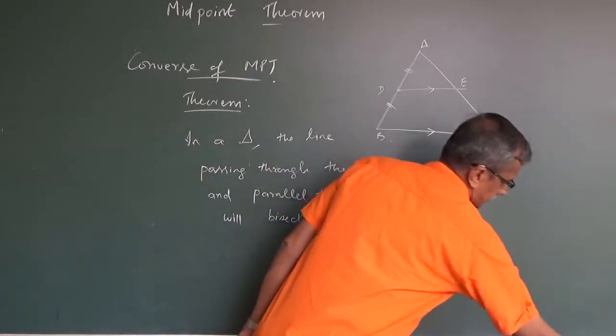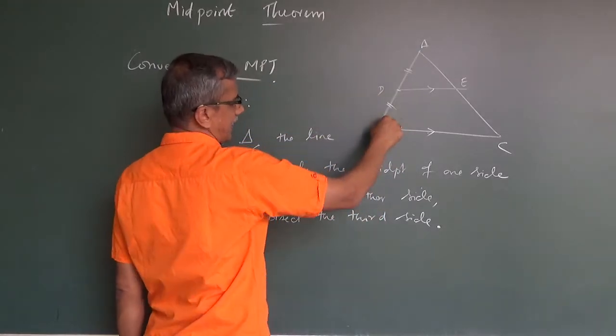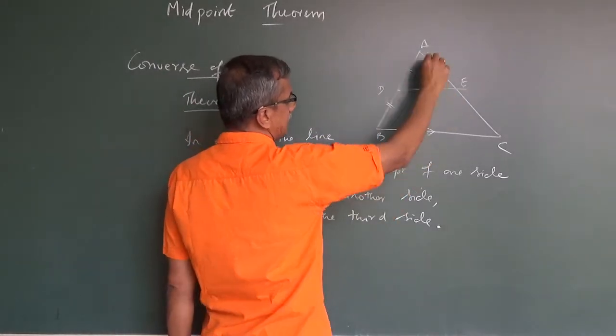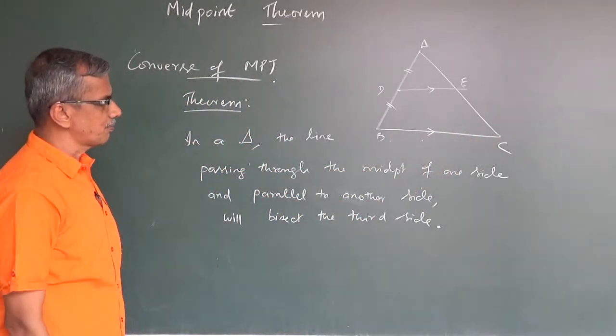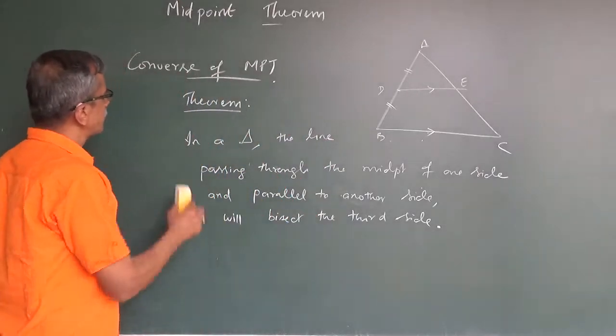That is, this is the midpoint of AB, and we draw a line parallel to the second side. It will bisect the third side. That is the theorem we have to prove now. This is the statement of the theorem. Now I will write the proof of the theorem.